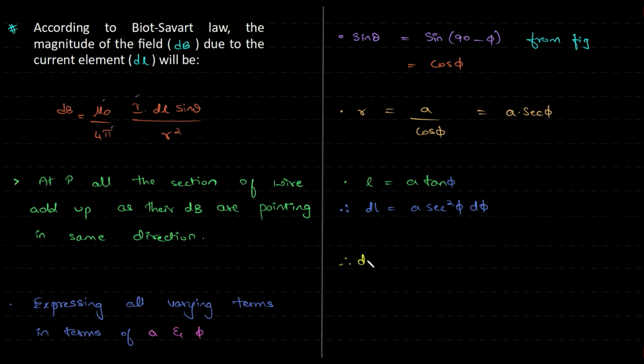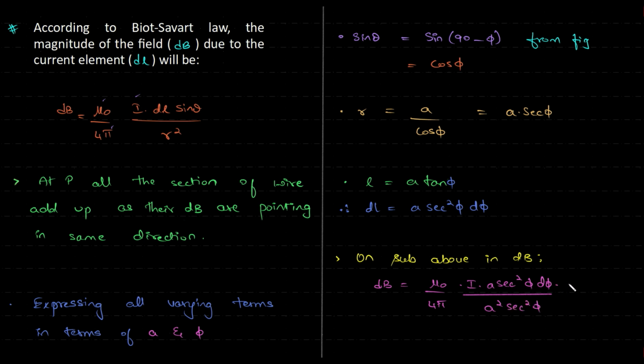Therefore, finally, on substituting the above in dB, we have dB is equal to mu naught by 4 pi I A secant square phi d phi, this entire expression divided by A square secant square phi.